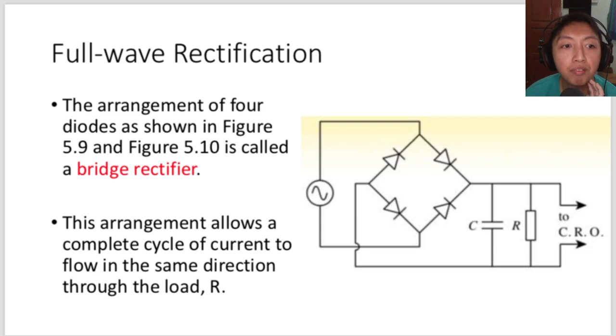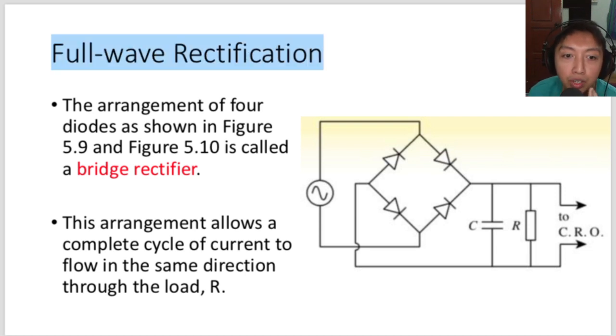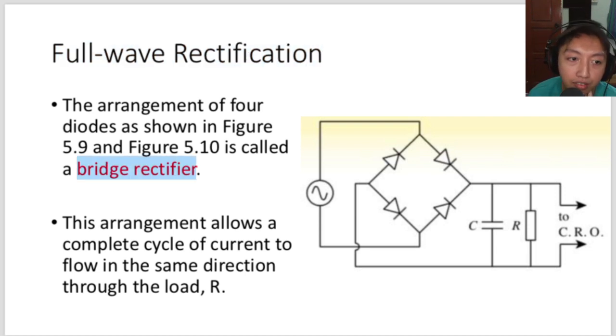For full-wave rectification, we use something called a bridge rectifier. In a bridge rectifier, we are essentially using 4 diodes, and we create this circuit right here in the picture.